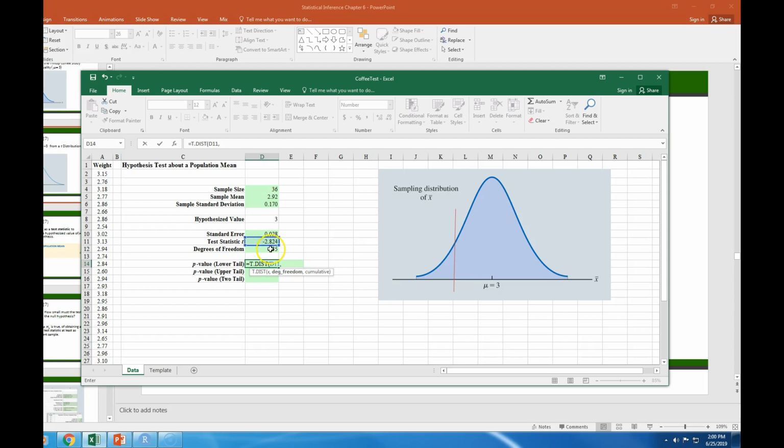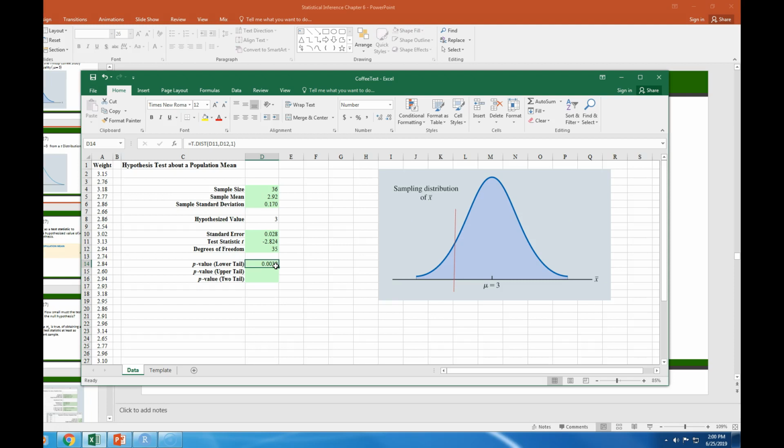The second argument is the degrees of freedom. And the final argument is if we are interested in a cumulative value or the density value. Most of the time, we're interested in the cumulative value. So I'll press true or 1. And that should give me something called the p-value.